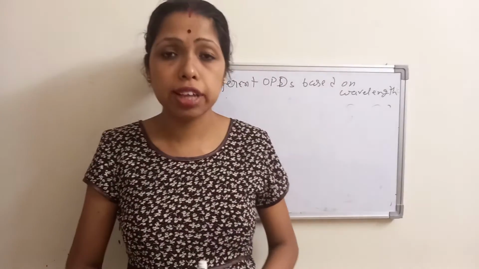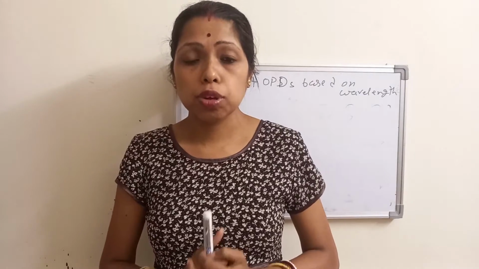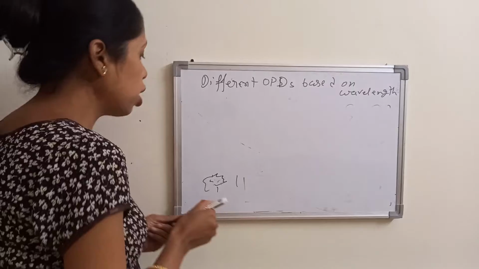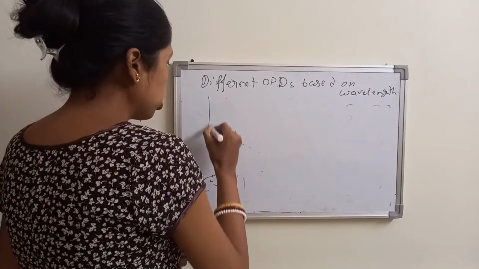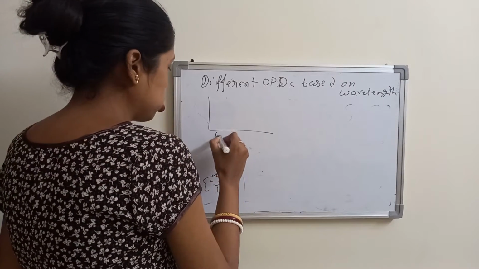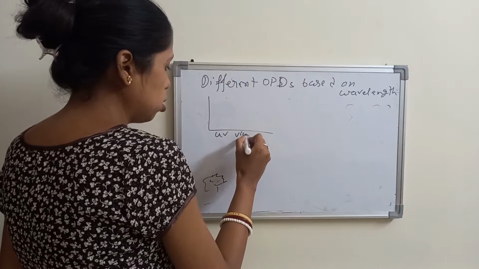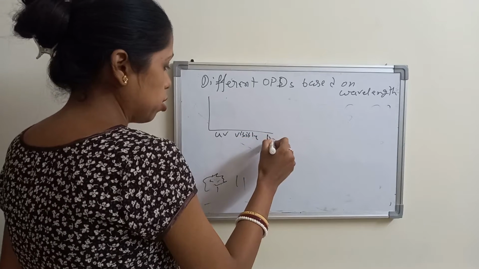Right, as we know there are the visible range, the UV region and the infrared region in the wavelength, right? So based on the UV region, visible region and infrared region, we can design different kinds of OPDs. Suppose this is UV, visible, infrared, IR.